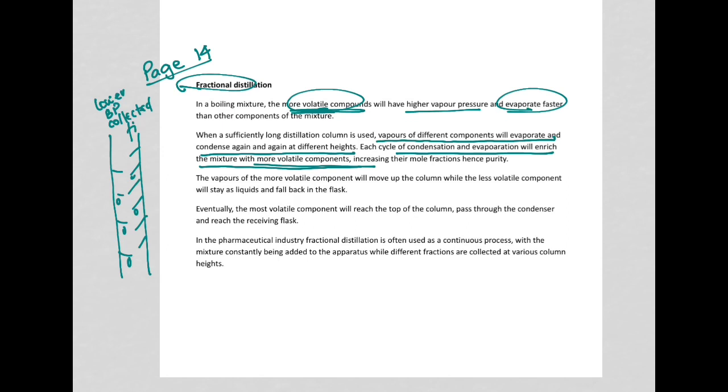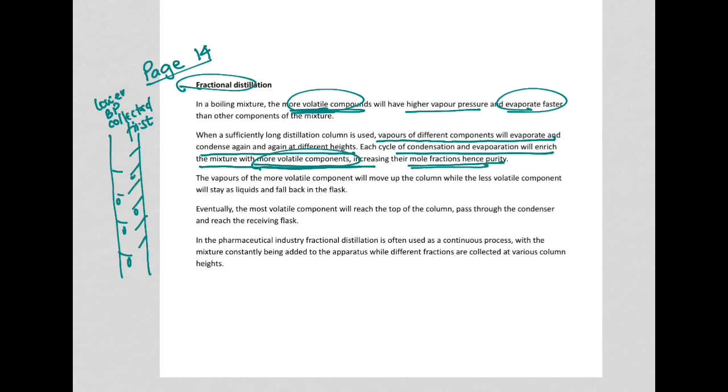So why is it collected first? Because the gas is going to become enriched with the vapor of the more volatile component, increasing its mole fraction.